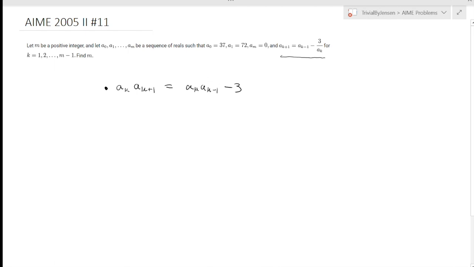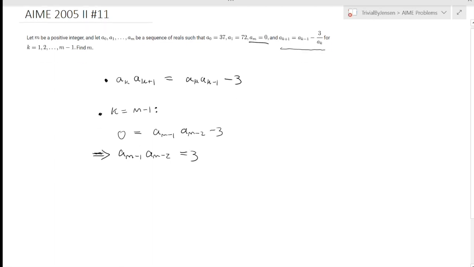Now let's plug in k equals m minus 1 to get a nice equation that we can use to solve for m. Then a sub m minus 1 times a sub m is just 0, because we're told a sub m is 0, and that's equal to a sub m minus 1 times a sub m minus 2, minus 3.